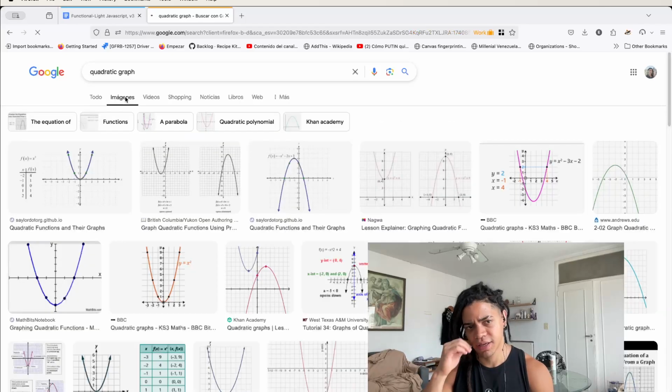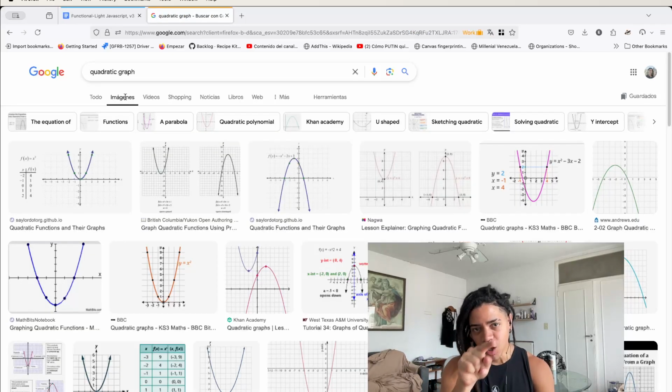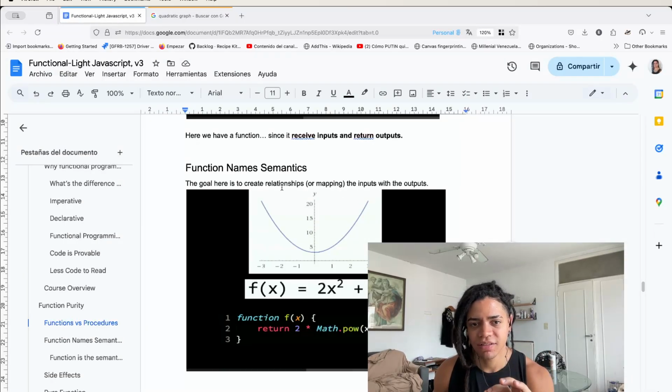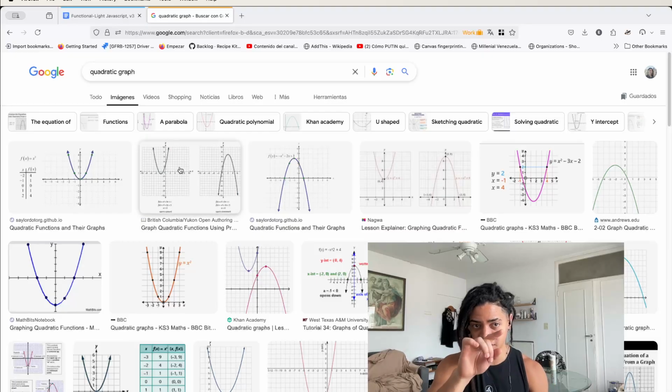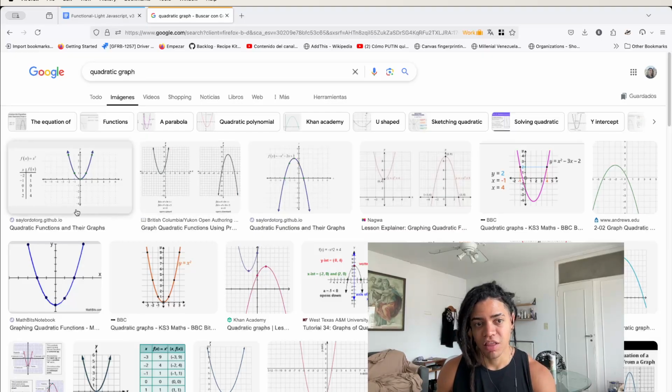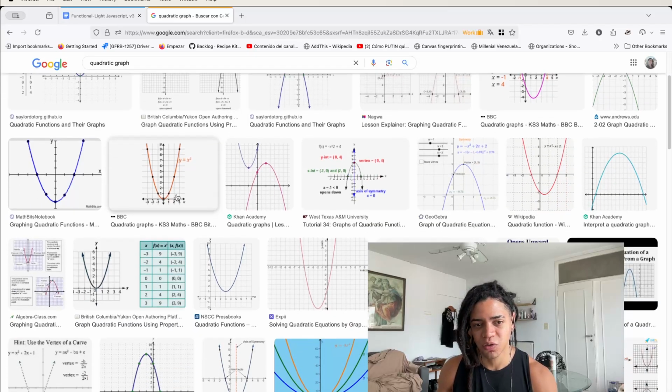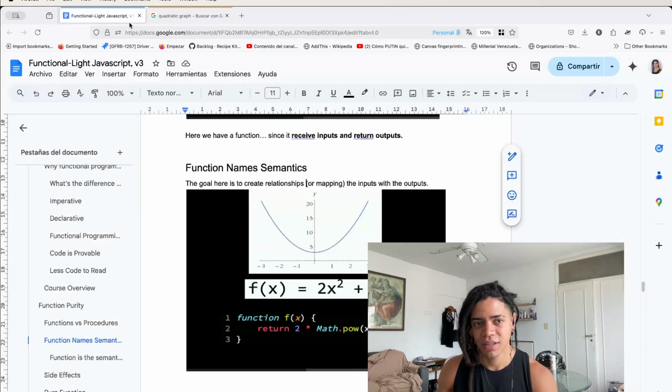So you can say it's mapping the inputs to the computed output, and this is the key word here. The goal is to create relationships, or mappings, between the inputs and the computed output, and based on that, you then provide semantics. So then you describe this. That's slowly but progressively starting to make a lot of sense, especially if you're creating functions.